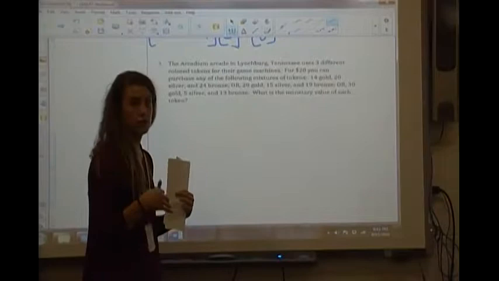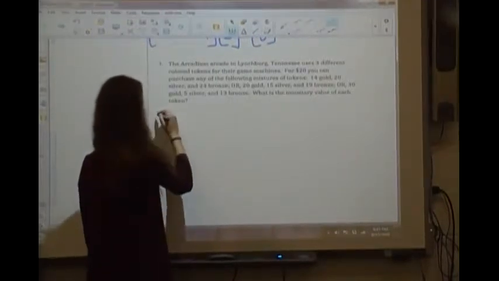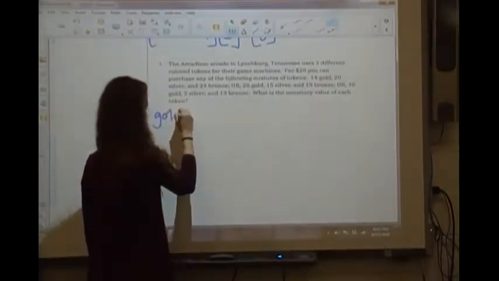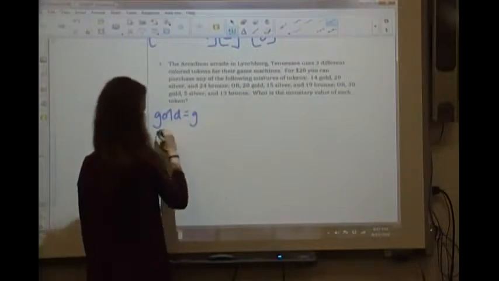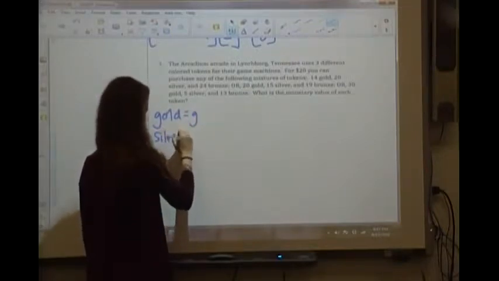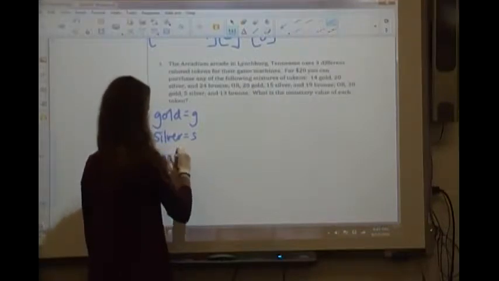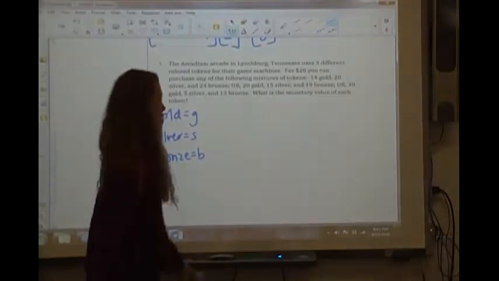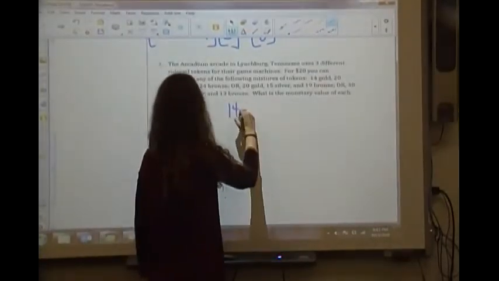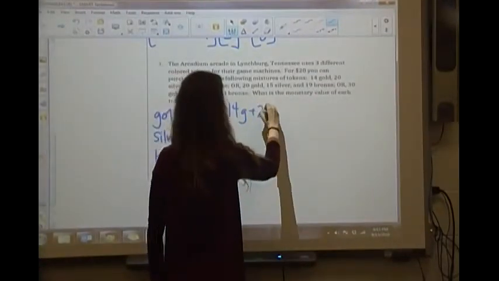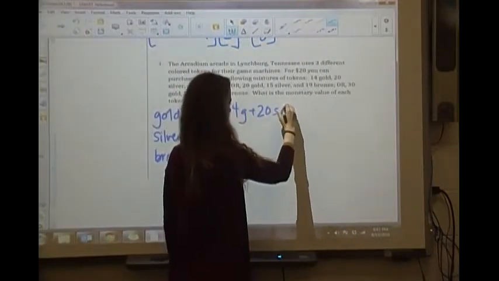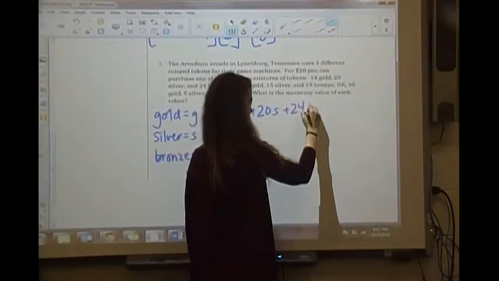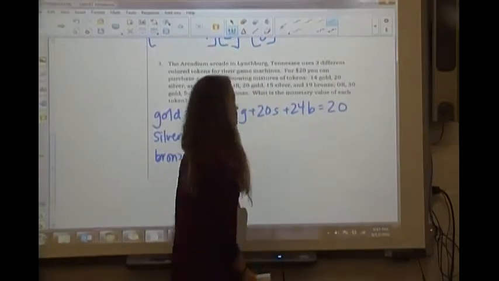We're going to write those into variables. So we're going to say the gold tokens will be G, the silver tokens will be S, and the bronze tokens will be B. So if I look at the first scenario, I have 14 gold, 20 silver, and 24 bronze that I can buy for $20.